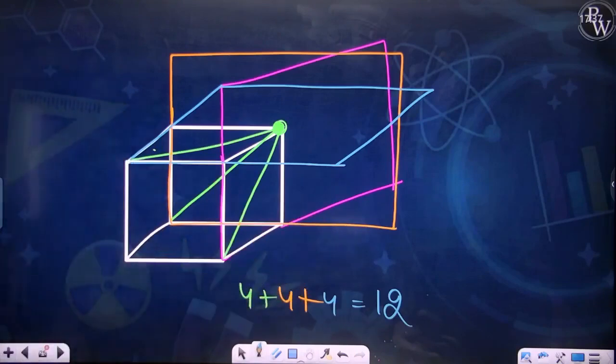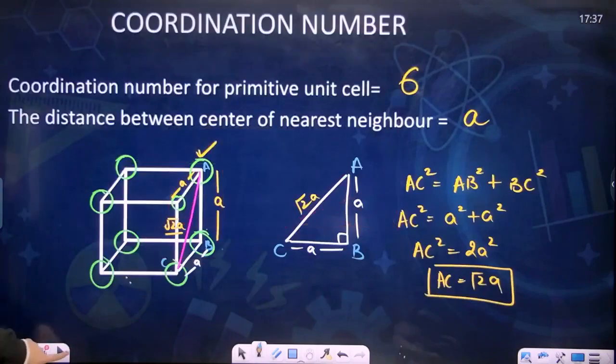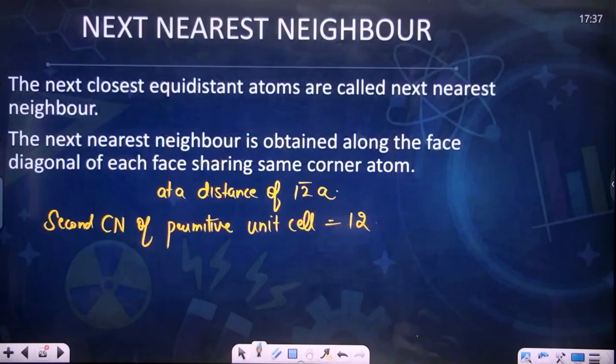Okay. I hope you're clear with this. Perfect, my dear students. Please write it down and then we'll move forward. If you want to draw it, you can draw it. This is how we calculate the second coordination number of a primitive unit cell.